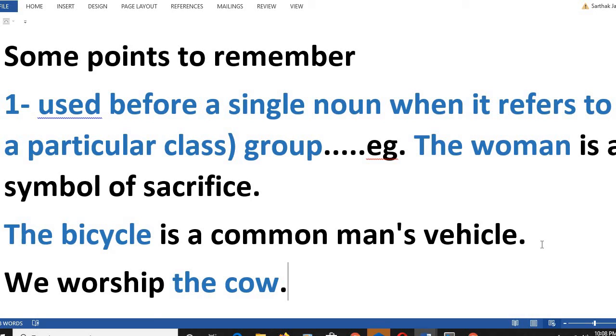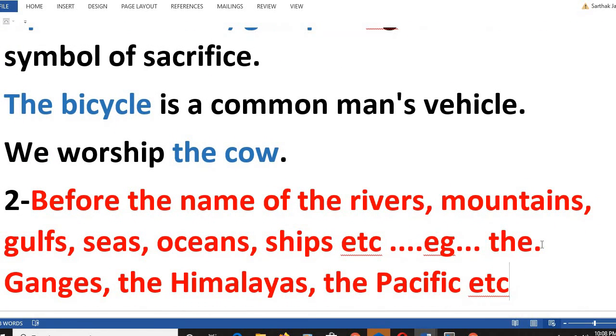Now bicycle will be preceded by the when it is specifying a particular class. Particular class is common man. Okay students. Another is, we worship the cow. The cow is a singular noun, and this is specifying a particular class of the people who worship.